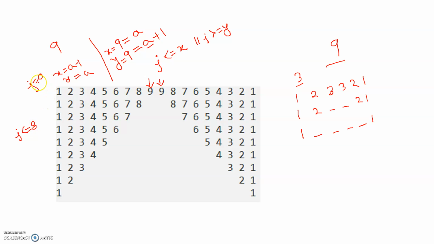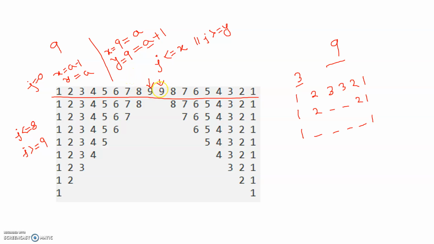Because I told you if j is starting from 0, then x will be a minus 1, or j is greater than or equal to y, which is a, 9, right? So if j is less than or equal to 8 or j is greater than or equal to 9, then we are going to print, that means the whole row will be printed.